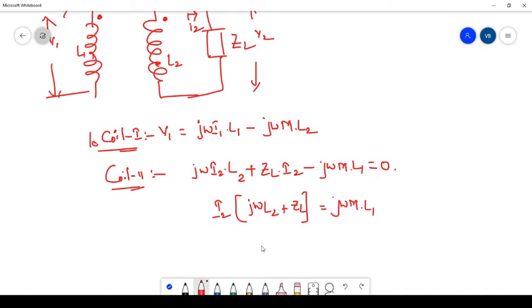So we can write the equation for I2 as j omega M into I1 by j omega L2 plus ZL. Say this is equation 2.